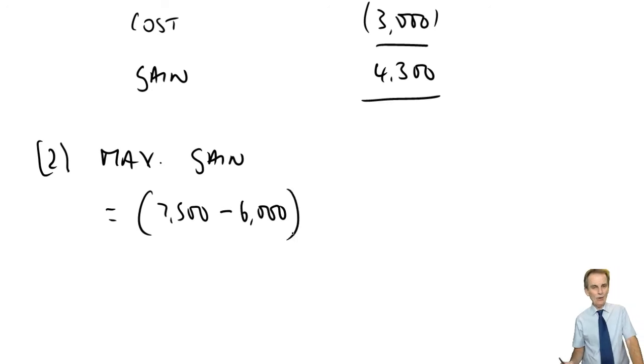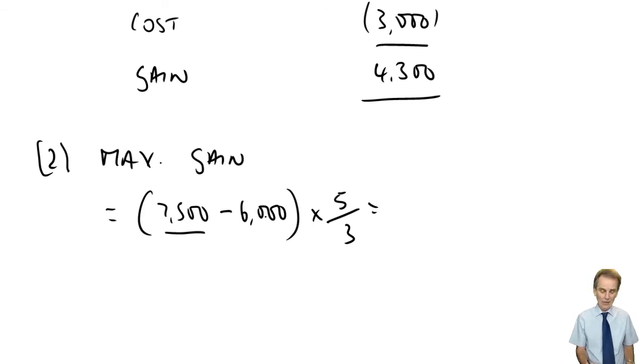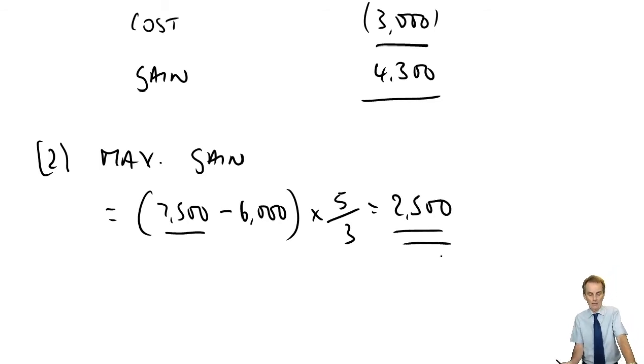What is the excess of the gross proceeds over the 6,000 exemption limit? That here is 1,500 times 5 over 3. Now again, that's why we changed those proceeds to 7,500, makes this calculation a little bit easier, I hope. 7,500 minus 6,000, 1,500 times 5 over 3. That therefore will come out to a maximum gain of £2,500.